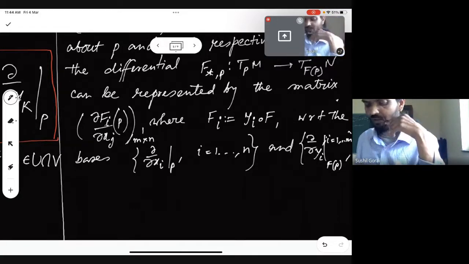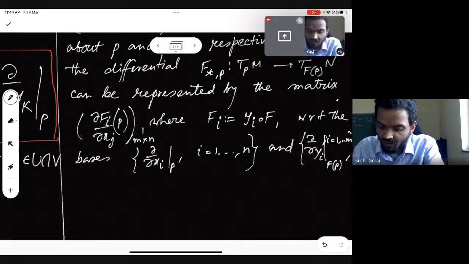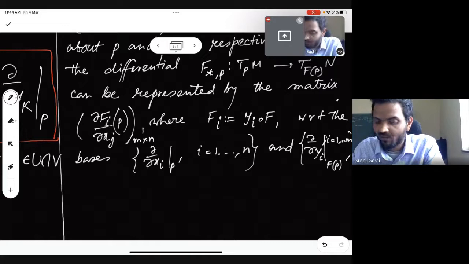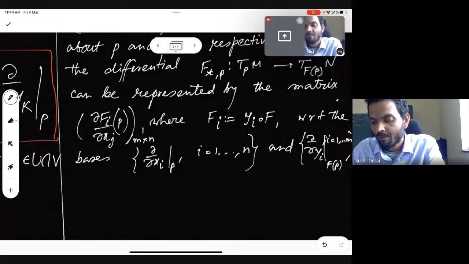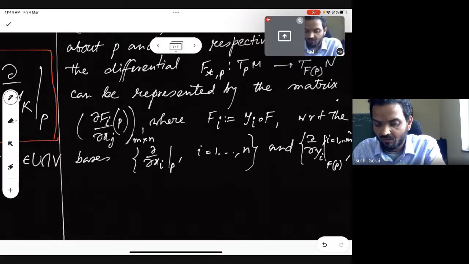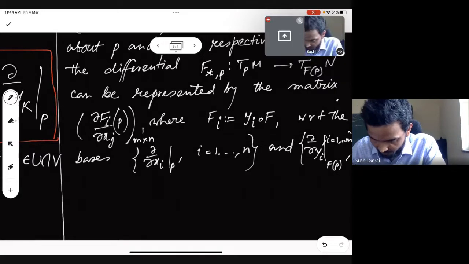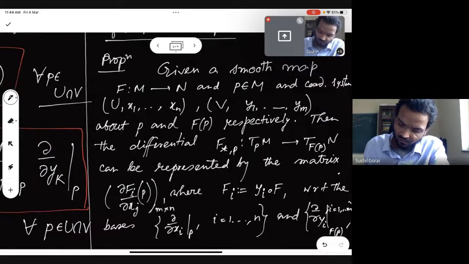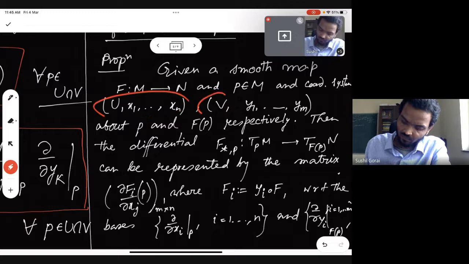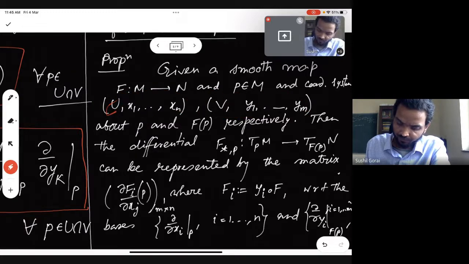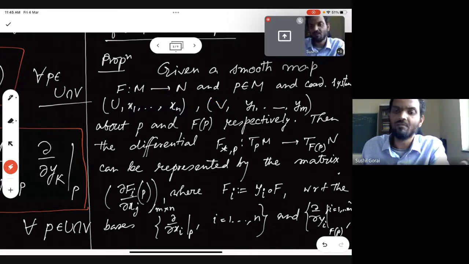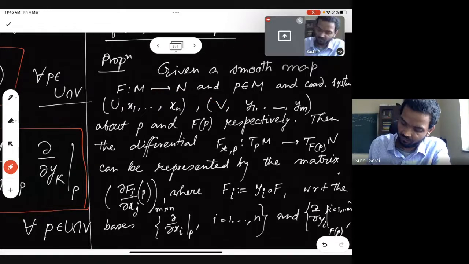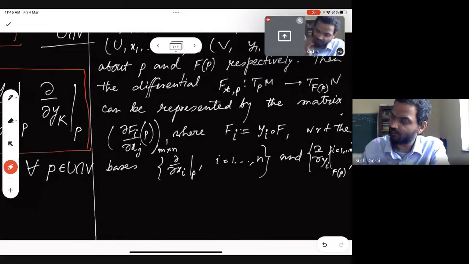This is not just for the point P; it gives a proof for every point in the neighborhood U whose image lies in V. Whatever part of U goes into V, you have the same type of matrix representation.